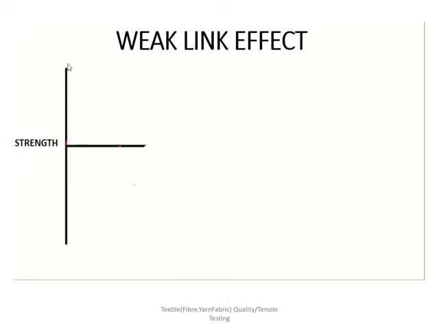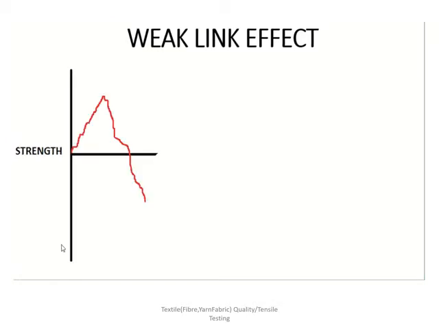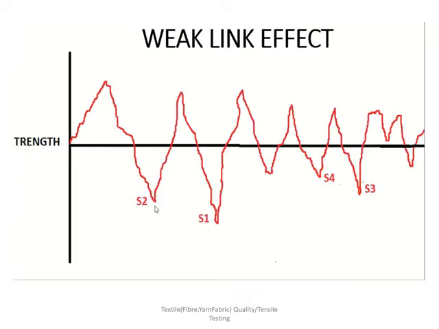So you are plotting the strength. You have your y-axis where your strength is plotted, and it starts from 0 here. You have plotted the strength and see this, you have S1, in which the strength is very low.